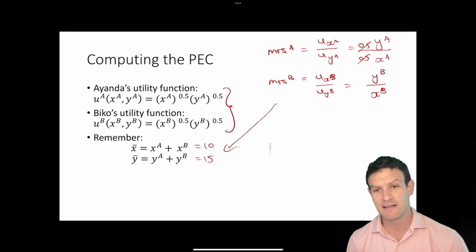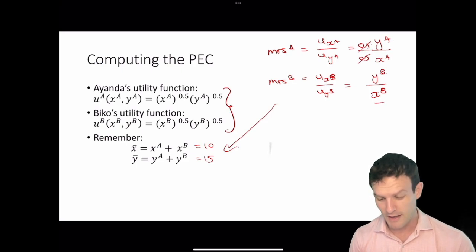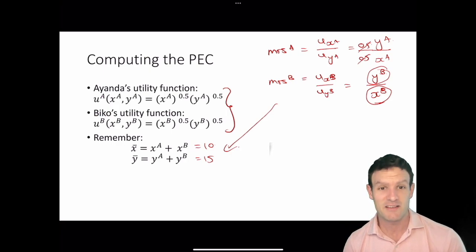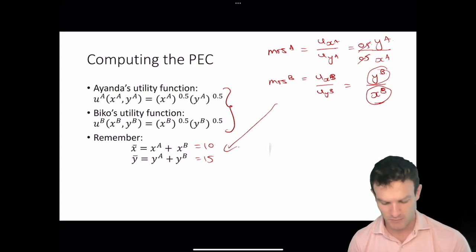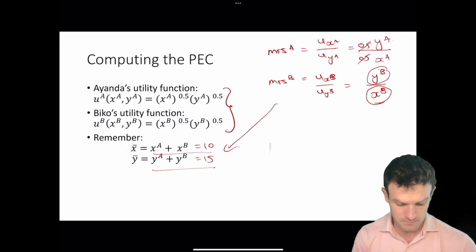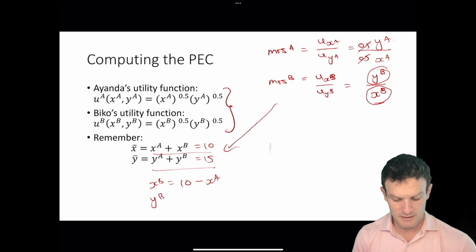Okay, so what does that mean? It means that we have conditions to substitute in for xb and yb. We can put numbers in for xb and yb that are in fact to do with xa and ya. So how do we relate those two? We can rearrange these equations. xb equals 10 minus xa. yb equals 15 minus ya.